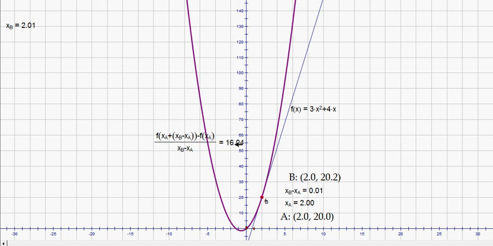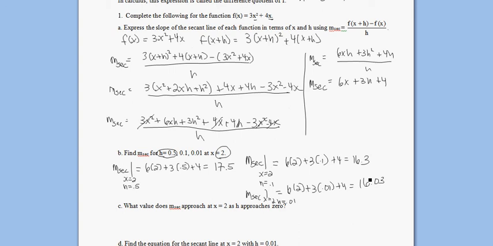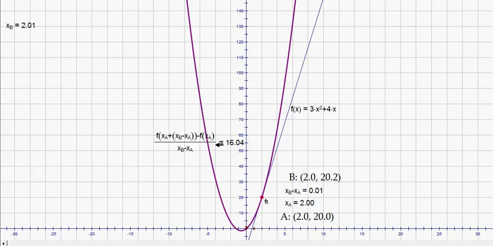And notice in this case, it gives us that the slope value is 16.4. Well, we actually calculated it's exactly 16.03. Again, this is just an approximation according to the graph and the points. You just have to move the points a little bit better, and I could get that to be 16.03, but that's a lot of time. So therefore, if these points are almost on top of each other, it looks like the slope of this line is 16.03.